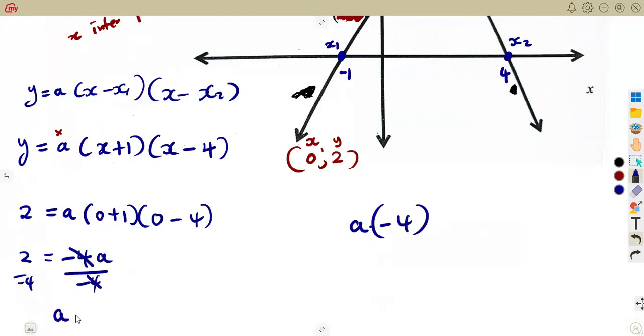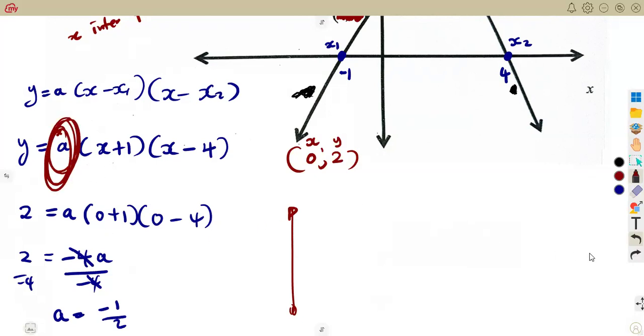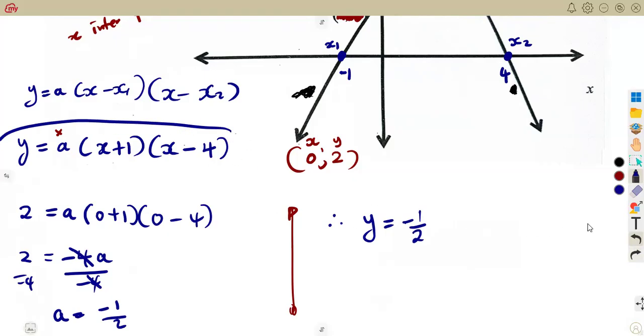That was going to give us a equals -1/2 by dividing this one properly. So that is our a, the one that was missing here, now we have it. So therefore, what does it mean? It means y is equal to, in place of a, we substitute the a that we got, which is -1/2, into everything as it was.